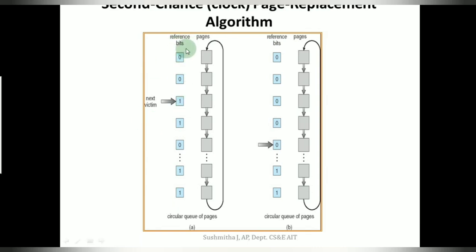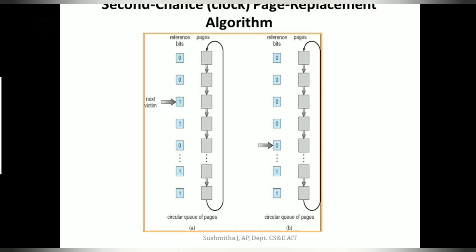If it is 0, it indicates the page is not referenced and it is eligible to be replaced. If the bit value is set to 1, it indicates that it is recently referenced.